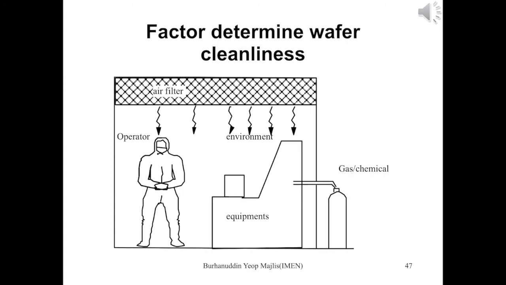Even though you're already working in the clean room with a good environment and good equipment, if the chemicals and gases that you use are not clean room standard, you cannot get a clean wafer or a clean device that you want to fabricate. Make sure the chemicals and the gases are also clean room standard.